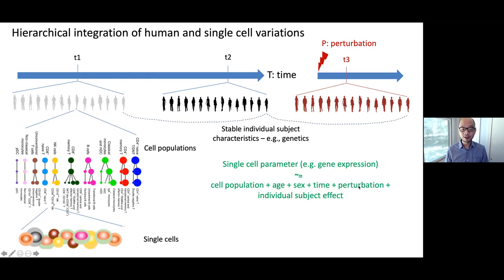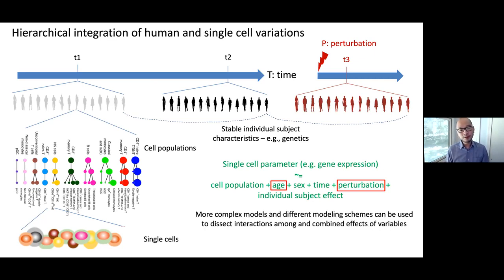And is it associated with a perturbation, for example? And then you can also model these individual subject effects. And then you can look at the genes, for example, that are associated with the perturbation of interest. And you can start to look at specific pathways within a particular population of cells. And so you can build ever more complex models and start to model these hierarchical levels of information and try to look at these effects and also try to infer dynamics.